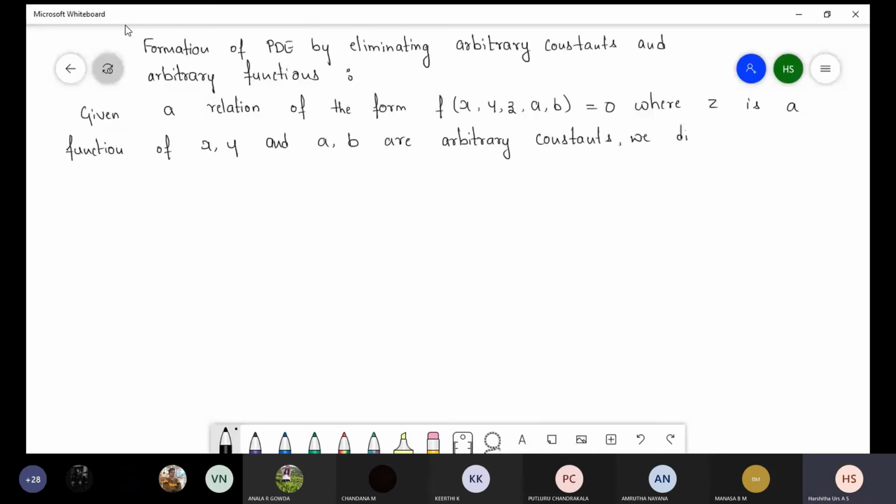We have to differentiate the given relation with respect to x and y partially.